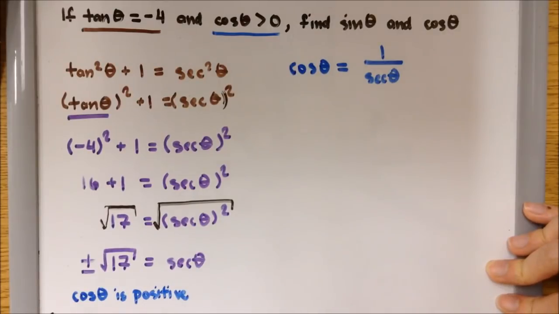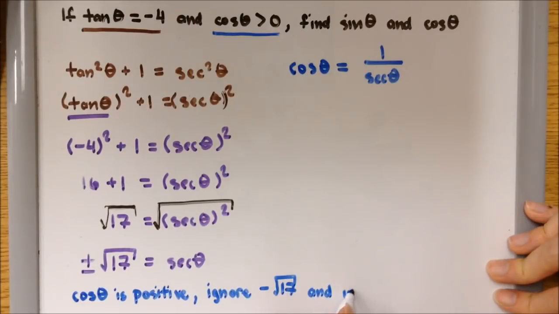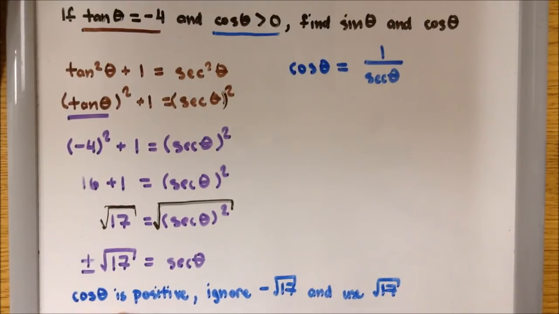So since it's positive, what we're going to do, ignore the negative square root of 17 and use positive square root of 17. So that's all we're going to do. So since cosine theta is positive, we're going to ignore the negative square root of 17 and just use positive square root of 17. That's all we're going to do.